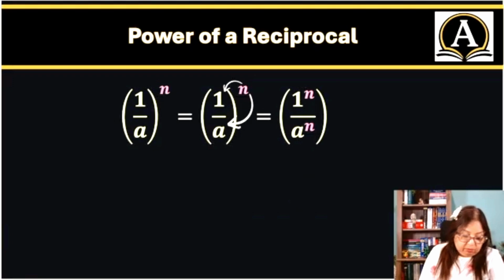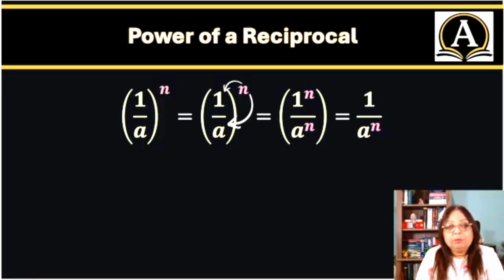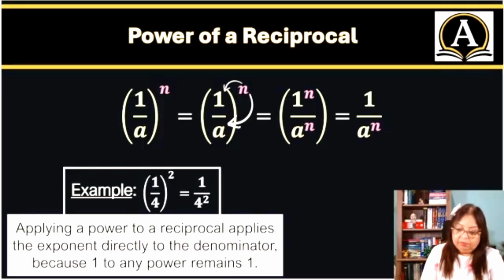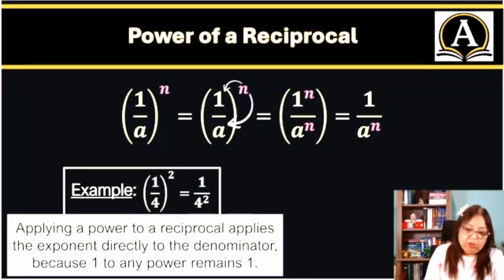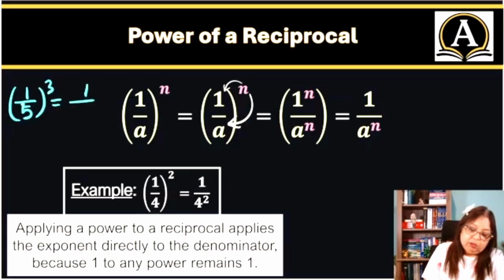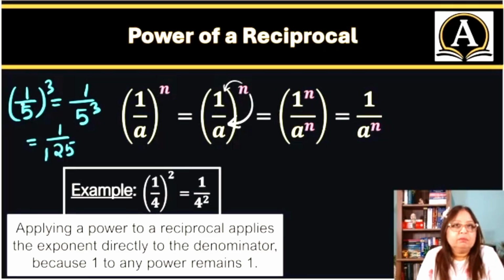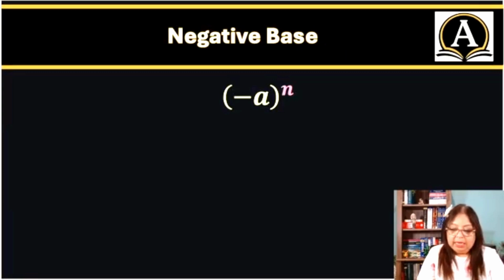Here you go. Simple enough. Applying a power to a reciprocal applies the exponent directly to the denominator because 1 to any power remains 1. Want to look at some more examples? Why not? 1 over 5 cubed. This is equal to 1 over 125.